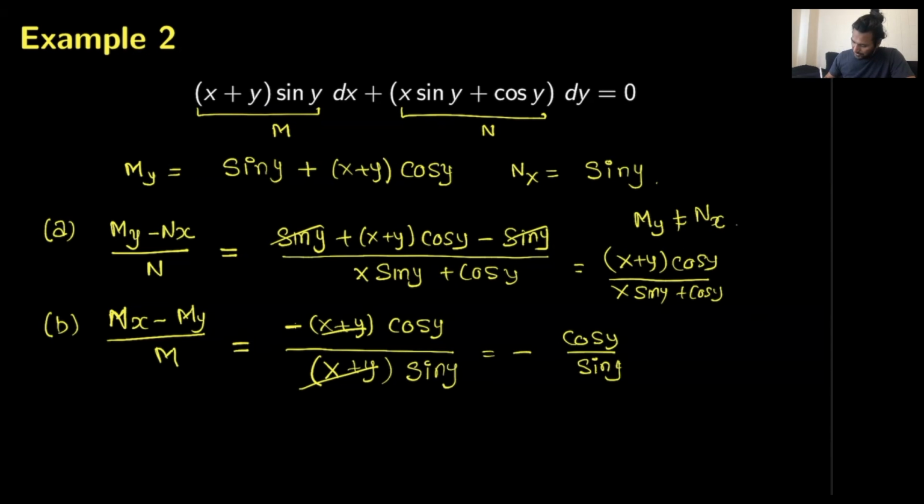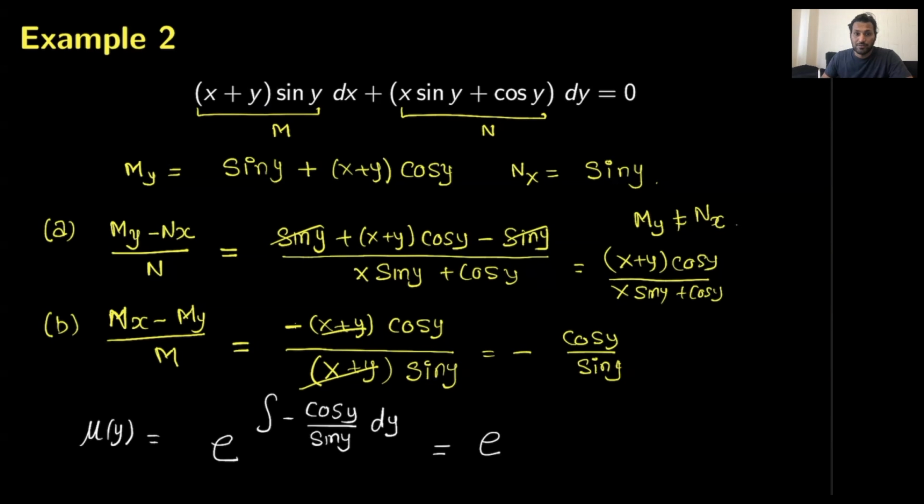Now, since this is a function of y only, we can use the integrating factor method, which is e to the power of the integral of minus cosine of y divided by sine of y dy. In order to compute this, you can use the u substitution, or you can use the formula for cot. Here I will use the u substitution.